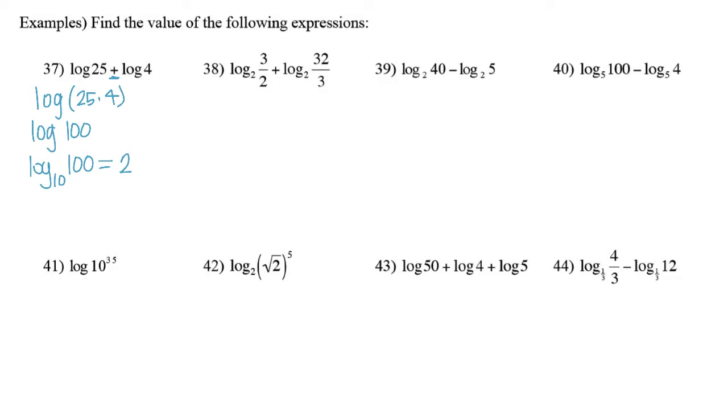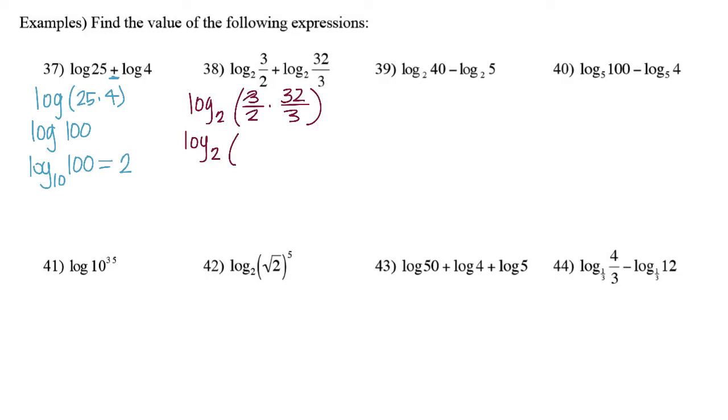And we will do the same thing with our next example. Again, we have this divided up with addition, so we will condense this with multiplication. So we have log base 2 of 3 over 2 times 32 over 3. And so with multiplying fractions, we can cross cancel.